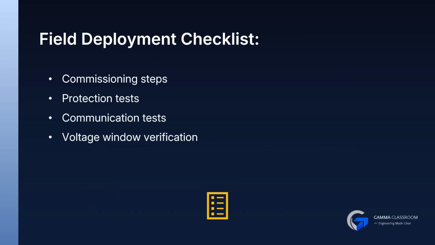Before commissioning, verify voltage windows, current limits, grounding, communication links, and protection settings. Perform insulation resistance tests, polarity checks, breaker coordination checks, and EMS command validation. Confirm MPPT behavior, PCS charge control, and grid support functions.